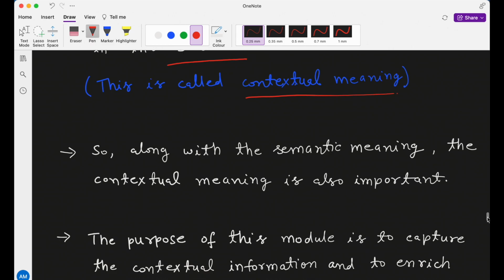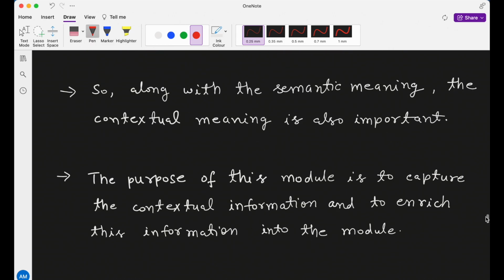So the purpose of this particular module is to capture this contextual information, and it enriches the model with that information.